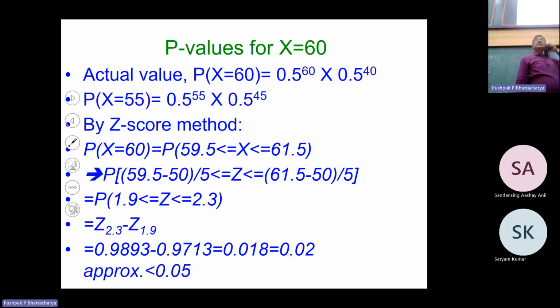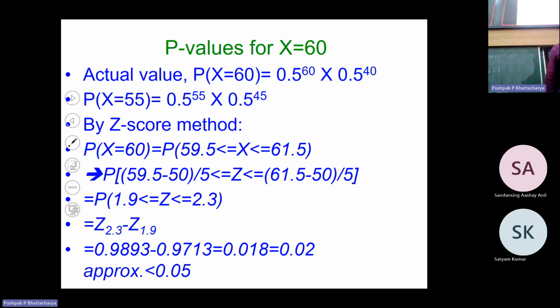60.5 minus 50 by 5, which is equal to how much? 2.1. And this will be 1.9. So I'll make that correction.